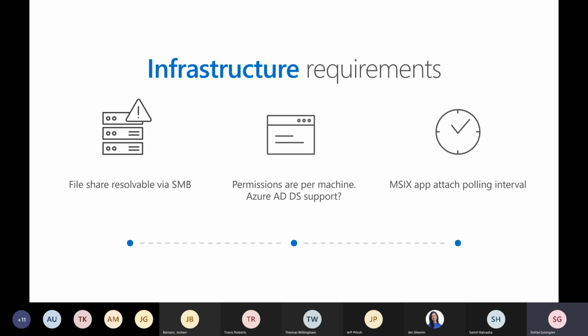And that's tricky because there are certain identity providers in Azure that don't support machine entities. I'm talking about Azure Active Directory Domain Services. So if you want to use Azure Active Directory Domain Services with MSIX AppAttach, really, the access to that file share cannot be based on Azure ADDS.